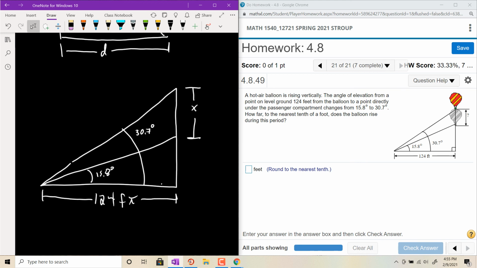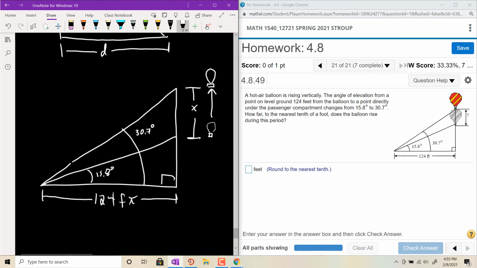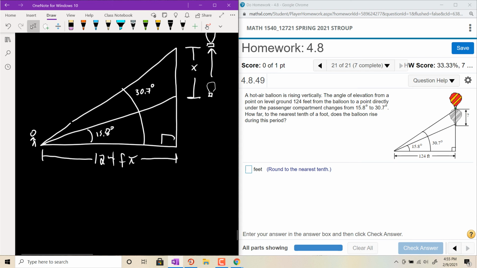It's a right triangle, and there's a hot air balloon that starts off right here and ends up right here. The balloon is rising vertically. The angle of elevation from a person on the ground changes from 15.8 degrees to 30.7 degrees, and they want to know how far, to the nearest tenth of a foot, the balloon rises during this period.